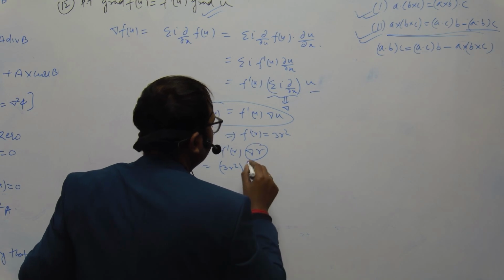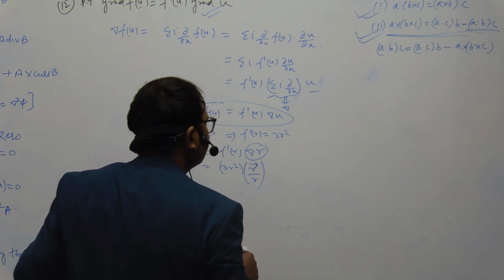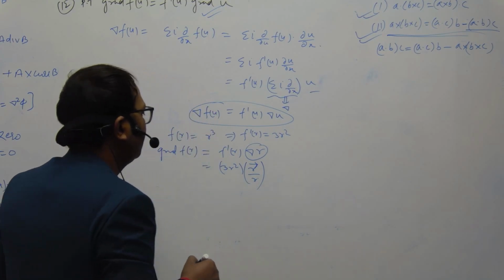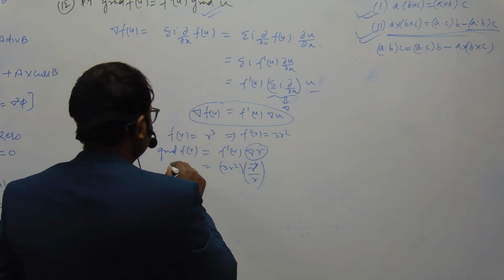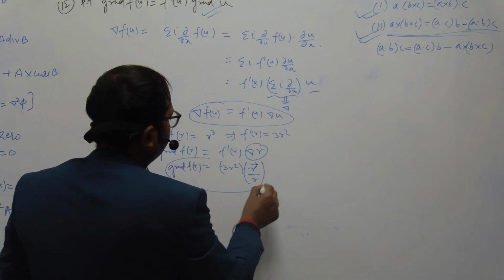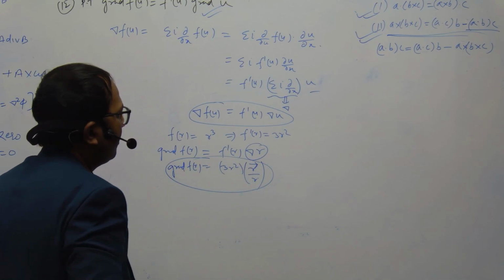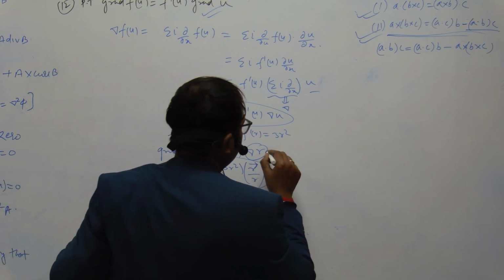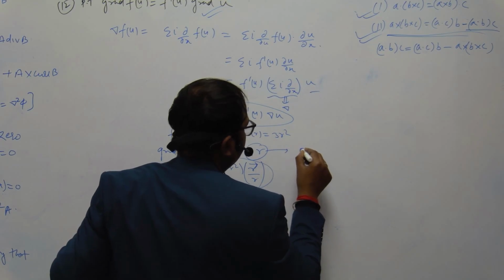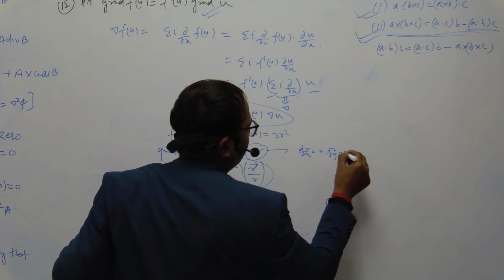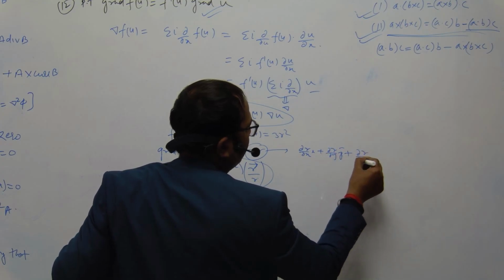Okay, this we have already studied in the previous set of lectures. So if you have not watched those lectures, first watch them for ease of understanding. How can we represent this? This is nothing but del r upon del x i cap plus del r upon del y j cap plus del r upon del z k cap.